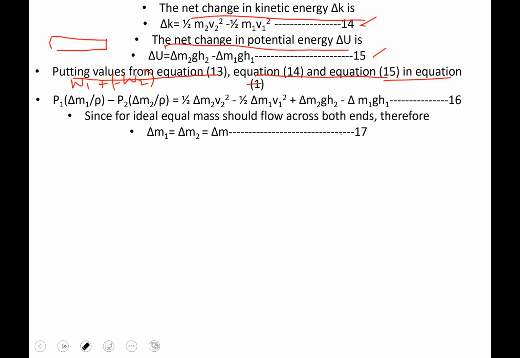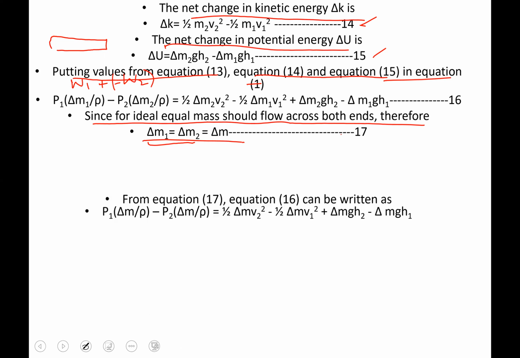Now, for an ideal fluid, equal mass should flow across both ends. Therefore, M1 is equal to M2. That means the mass which is flowing through the pipe is the same. That is why equation 17 has been taken over here.